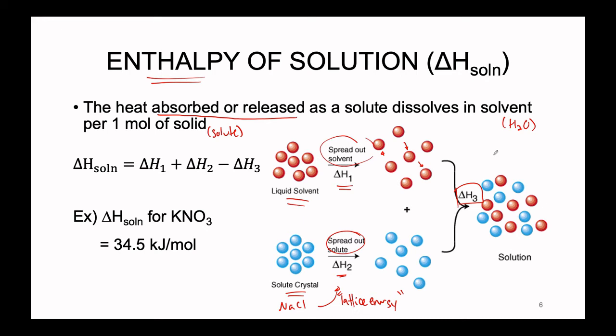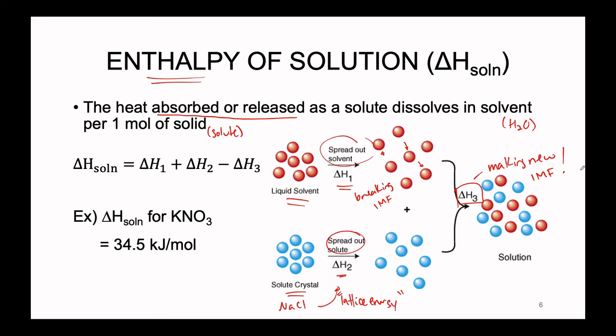So delta H1 corresponds to, again, breaking the intermolecular forces between the solvent. Delta H2 corresponds to breaking our quote-unquote lattice energy. Delta H3 is making the new intermolecular forces. We are now creating bonds, and these bonds will stabilize the solute and the solvent together. So when we make bonds, we know that this is an exothermic process.